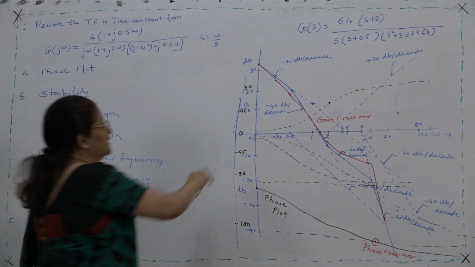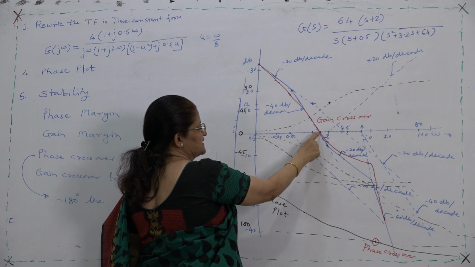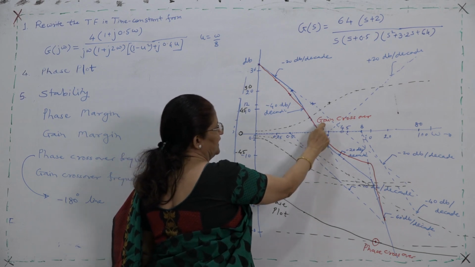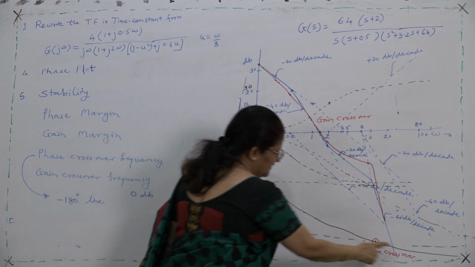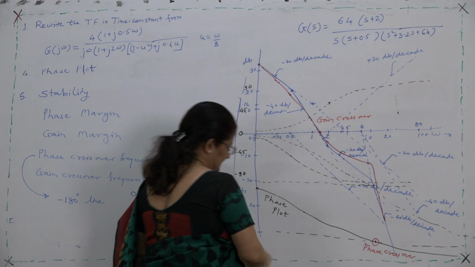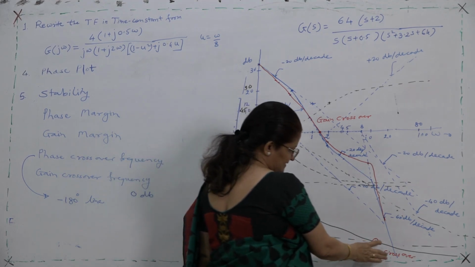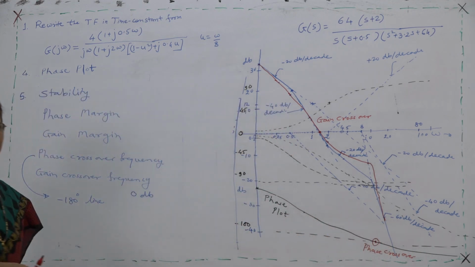See, this is my magnitude plot, it is crossing the 0 dB line at this frequency. Whatever is this frequency, it is called gain crossover frequency. This is the phase plot, it is crossing the minus 180 degree line at this particular frequency, whatever is the frequency, that is called phase crossover frequency.